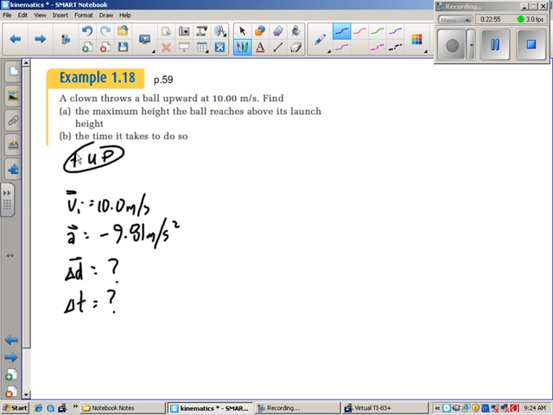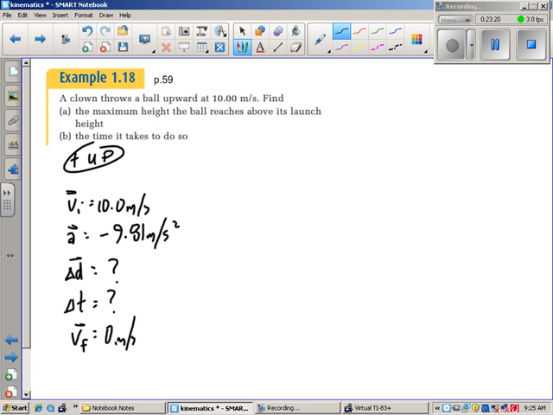Can you explain to me why VF would be 0? Good. Perfect. At the top of the path, it stops. And then it very, very quickly turns around and goes in the opposite direction. But this question is only asking me to analyze the trip up. So if you're looking at the trip up, it is going to stop at the end of the problem. VF is going to be 0 meters per second.